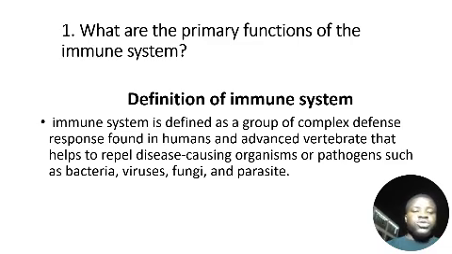The first question was the primary function of the immune system. As we know, the immune system is defined as a group of complex defense responses found in humans and advanced vertebrates that helps to repel disease-causing organisms or pathogens such as bacteria, viruses, fungi, and parasites.